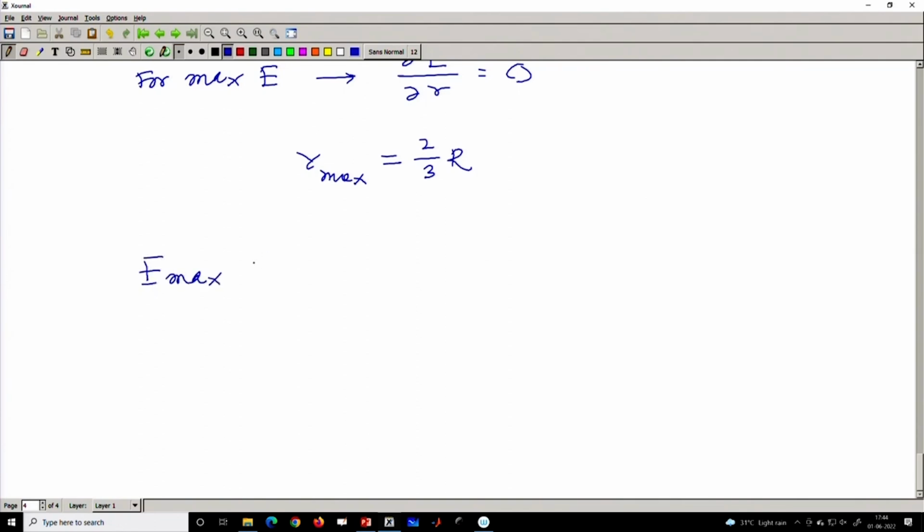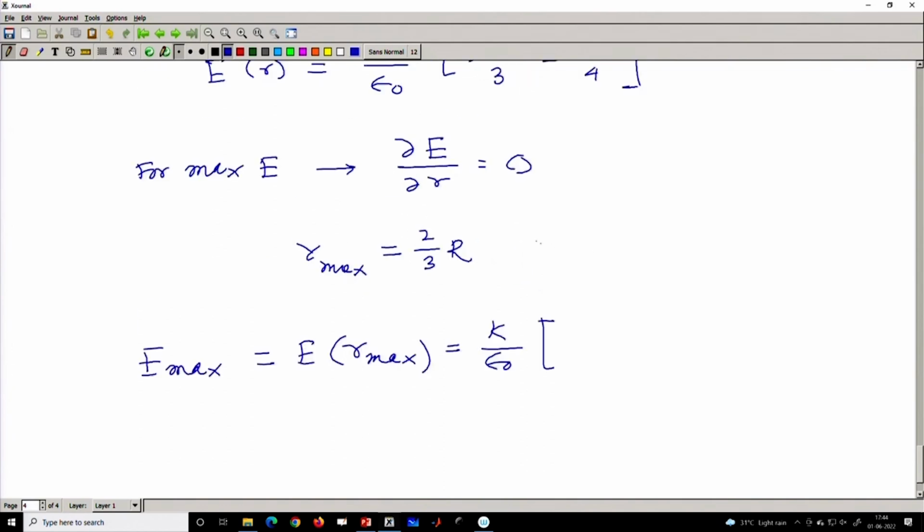should be simply E at the position of r max. So, that is k divided by epsilon naught, and then we have the value here.